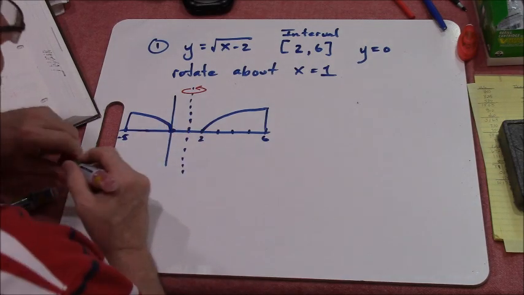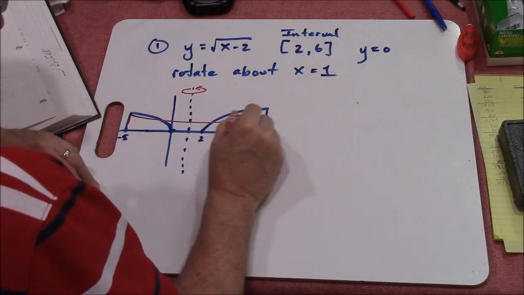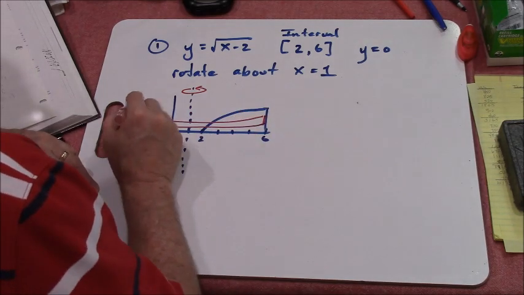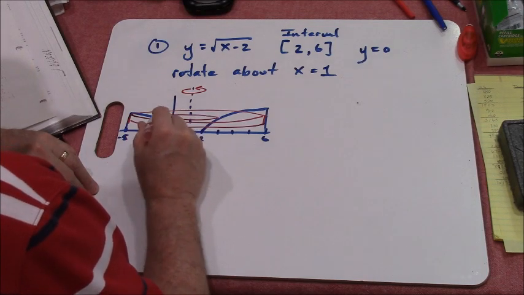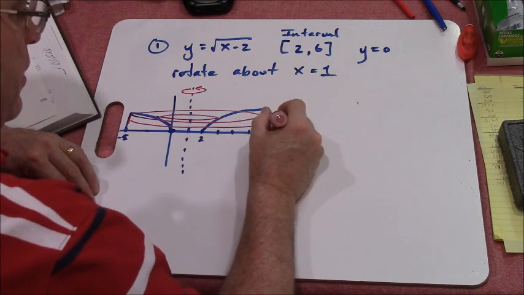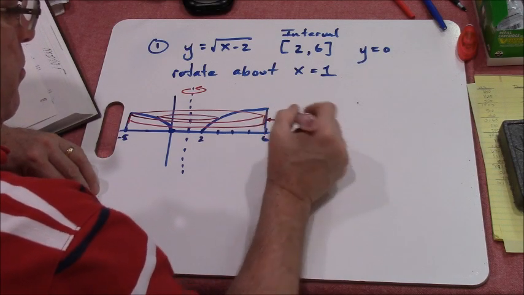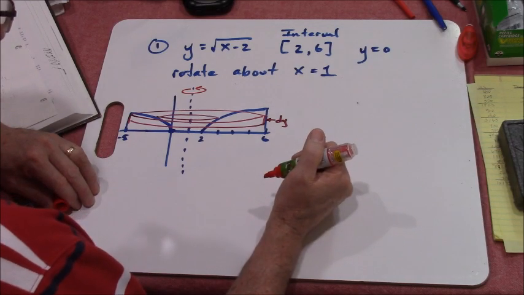That means we're using the washer method. So let me draw one washer. Here's the hollow part. And because my thickness runs up and down, that means we've got dy, and so everything needs to be in terms of y.